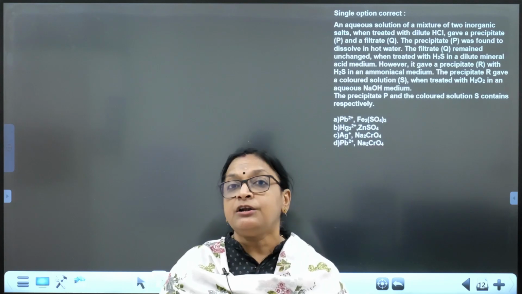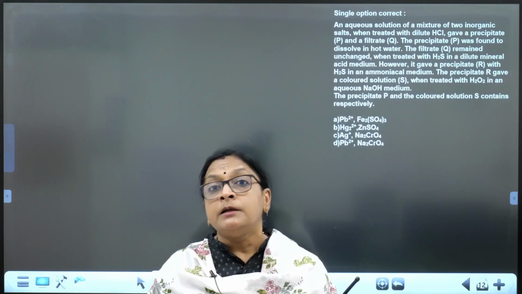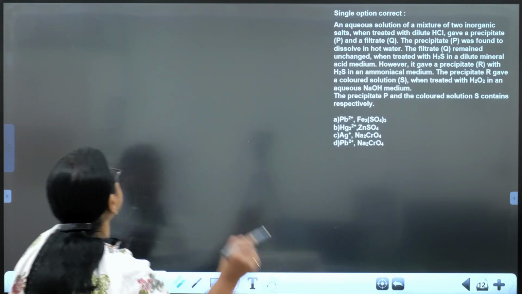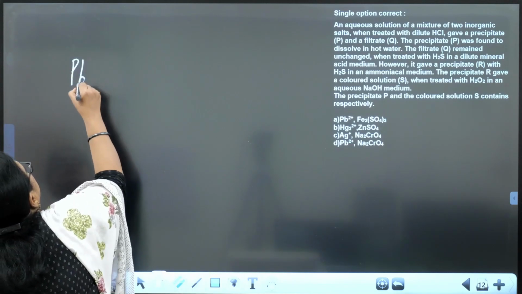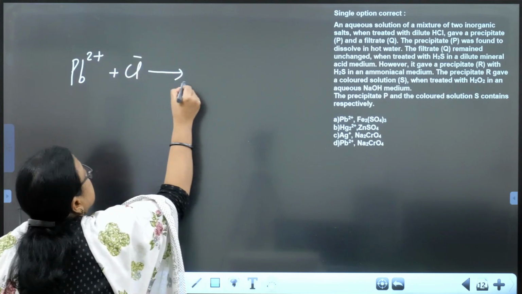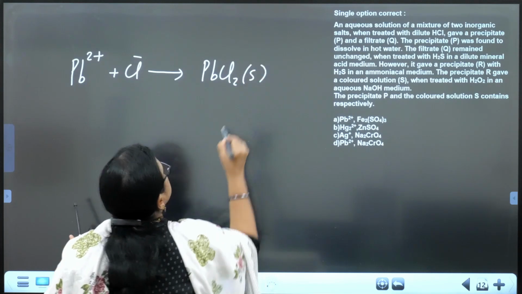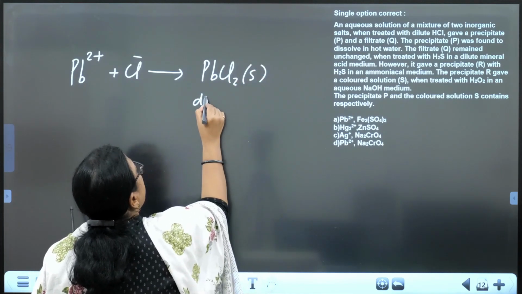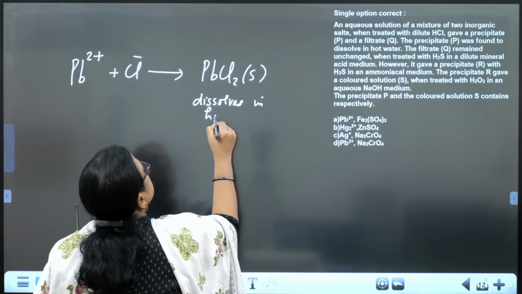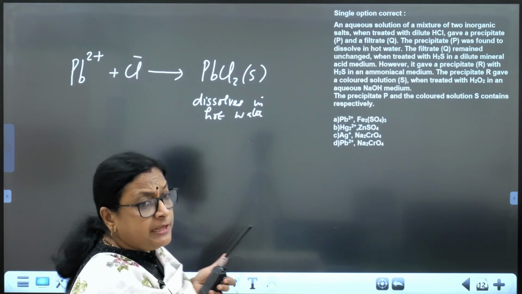It is lead chloride which is soluble in hot water. So we got an idea: P must be containing Pb2+ ions, and the reaction is Pb2+ with the chloride ions from HCl forms PbCl2, which is sparingly soluble and dissolves in hot water. So P must be containing Pb2+ ions.